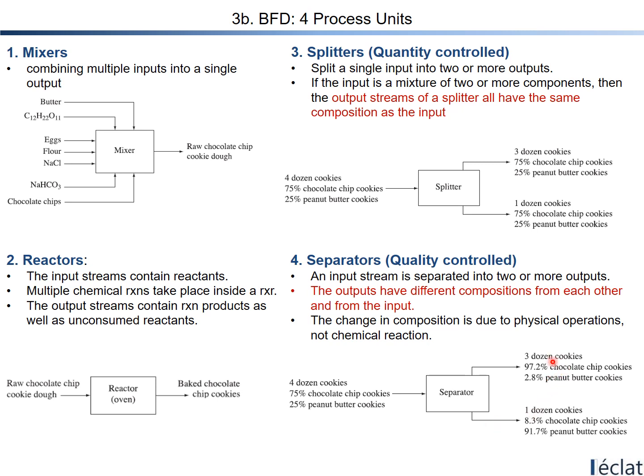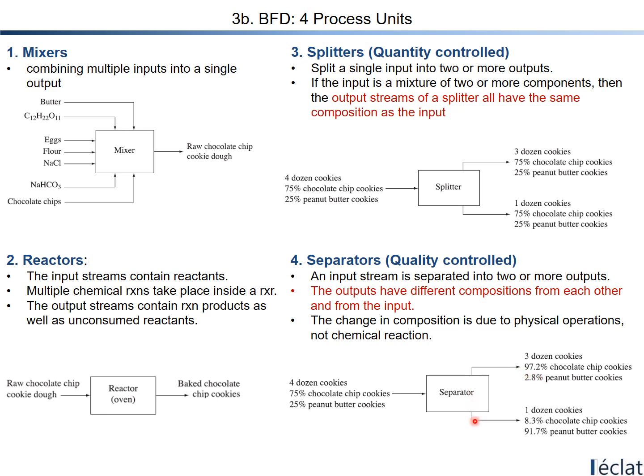The composition of the first product line or stream is 98% chocolate chip cookies and just 2.8% peanut butter cookies. So the composition of chocolate chip and peanut butter is changing from 75 to 25 to 98, well actually 97 to 3. Okay, so output stream number 1 is chocolate chip dominant.